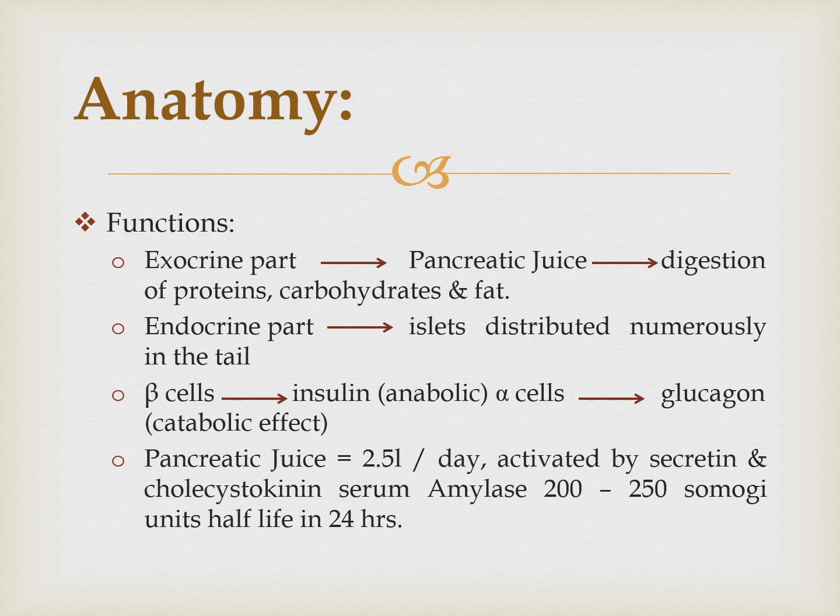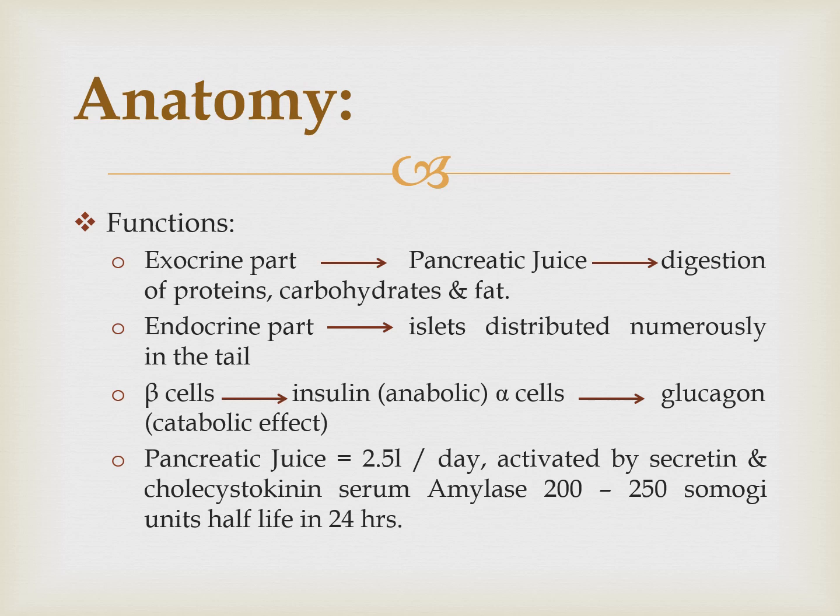The function of the pancreas is the exocrine part, which consists of the pancreatic juice, which is about 2.5 liters per day, activated by secretin and cholecystokinin. The serum amylase level is about 200 to 250 Somogyi units, half-life in 24 hours.